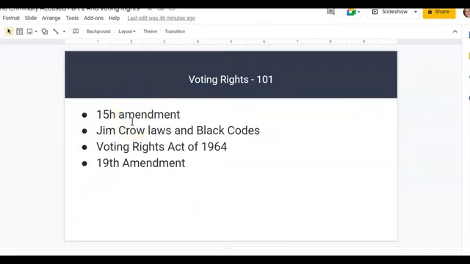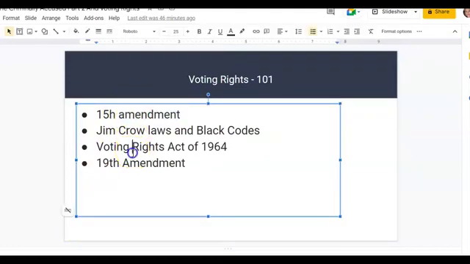As we covered previously last week, the 15th Amendment was supposed to make clear that African American people have the right to vote, regardless of whether or not they were enslaved persons, that any prohibitions on voting were done away with. So that was supposed to give black folks the right to vote.